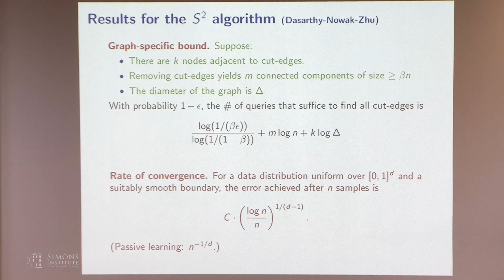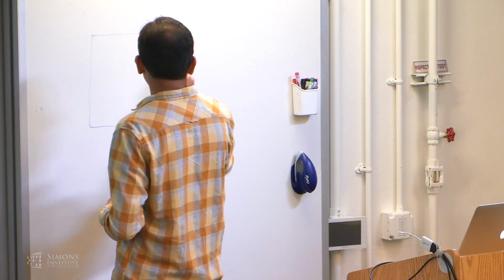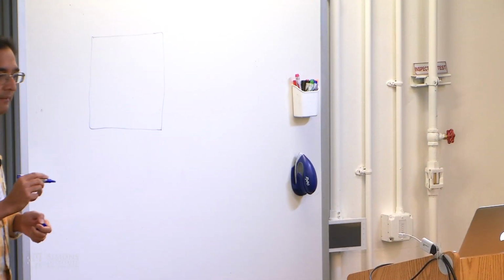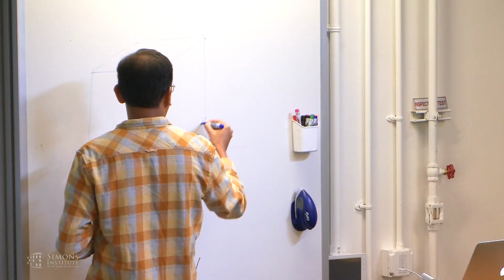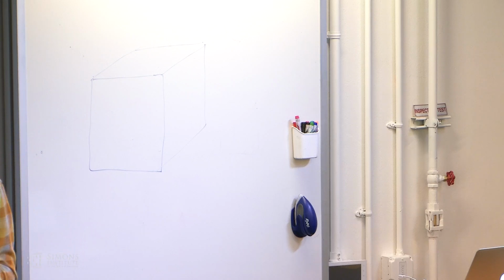I can briefly indicate why that's the case. If your domain looks like this, let's just say we're in 2D. Let's say we're in high dimension. All you know is that the function you're learning is Lipschitz, and you want error epsilon.